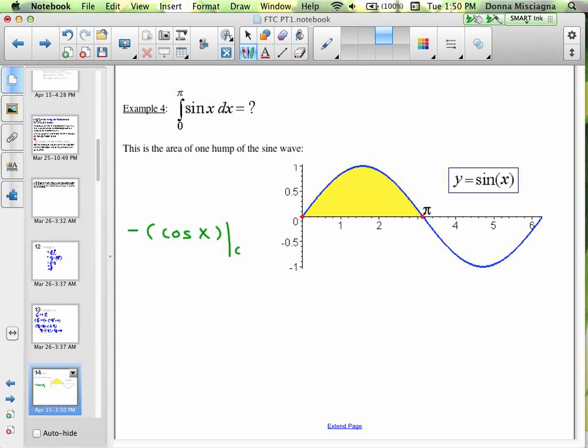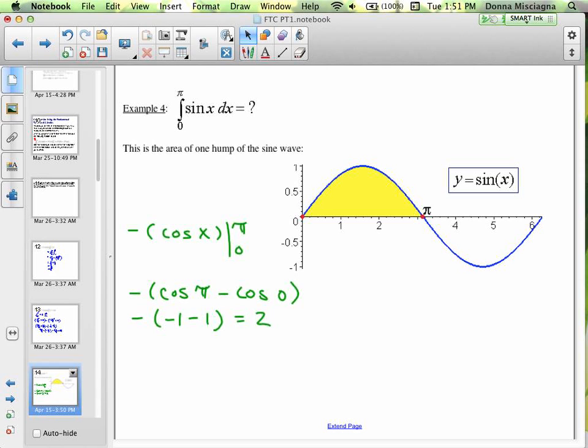So we're evaluating that from 0 to pi, so we have negative cosine pi minus negative cosine 0. So cosine pi is -1, cosine 0 is 1. So we have 1 minus -1, and that would be 2.